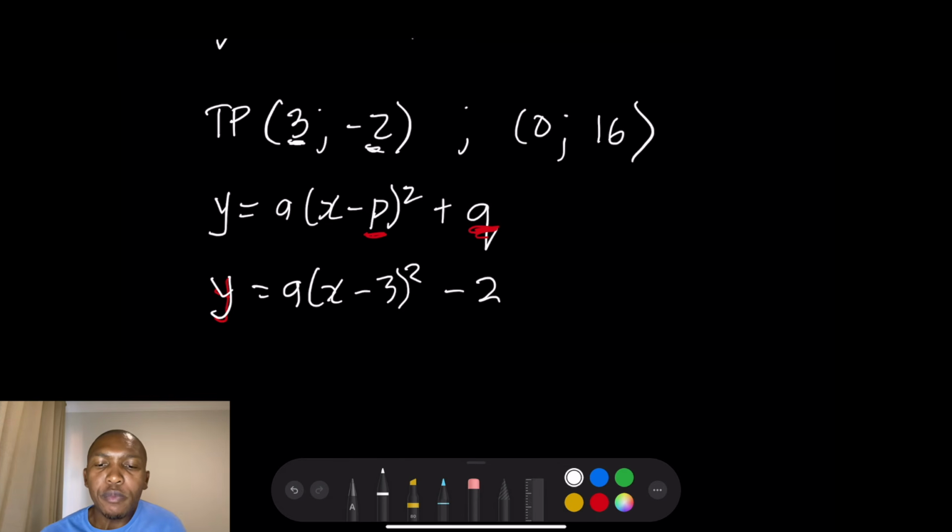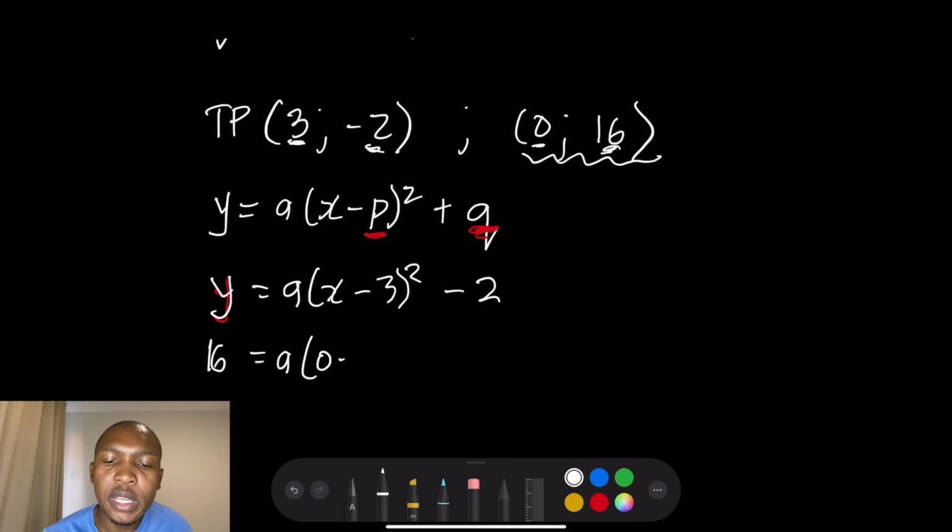So what you can do here is to actually find the value of a. By substituting the y-intercept, or any point that you have for that matter. I know x is 0 when y is 16, so I'm going to just substitute that there. So a is 0 minus 3 all squared minus 2.